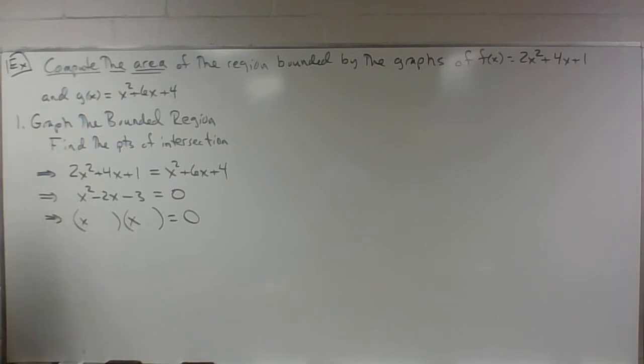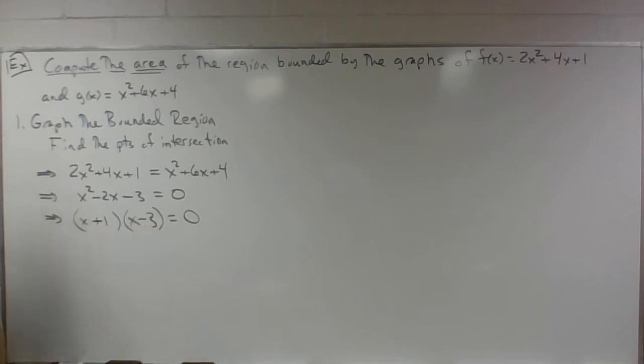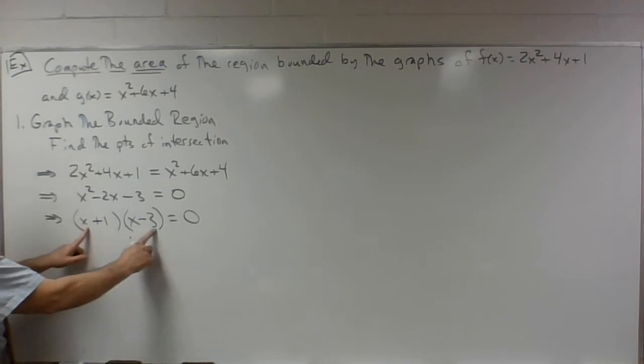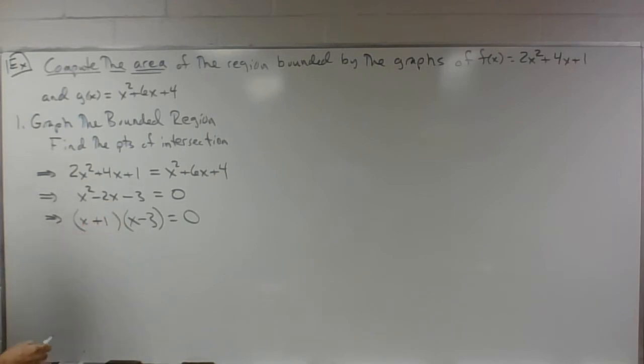Let's see, what are the factors of negative 3? I'm guessing plus 1 and minus 3. Let's see if that works. If we multiply, we get plus x minus 3x is negative 2x. Yep, we did it right.